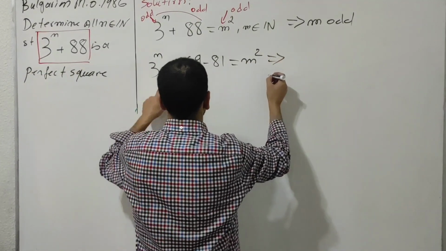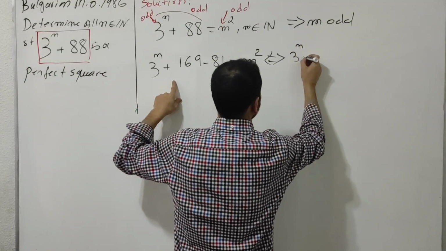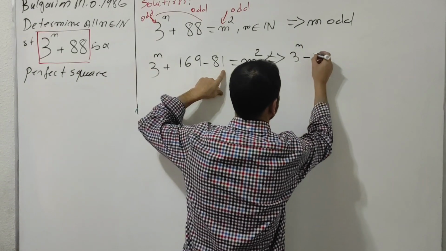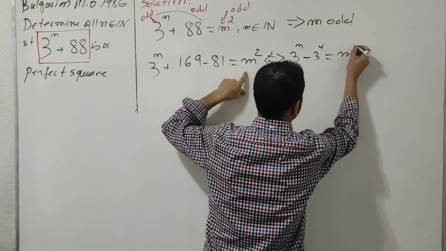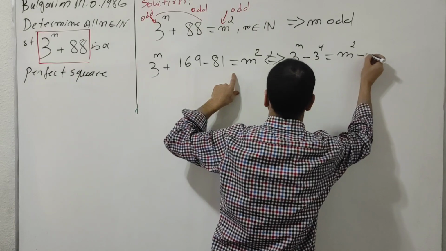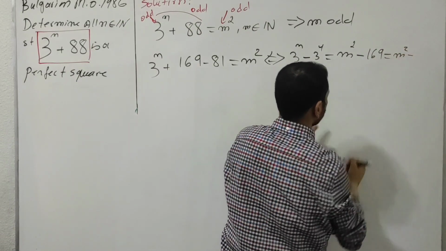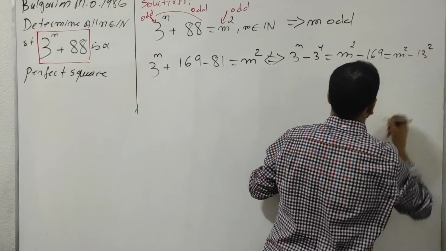So I get 3 to the n minus 81, where 81 is 3 to the fourth, equals m squared minus 169, and 169 is 13 squared.